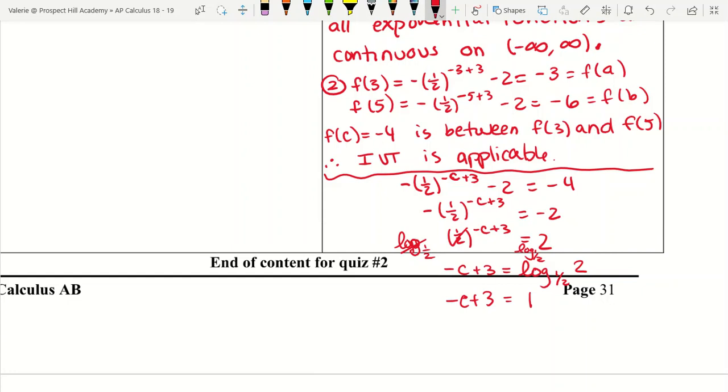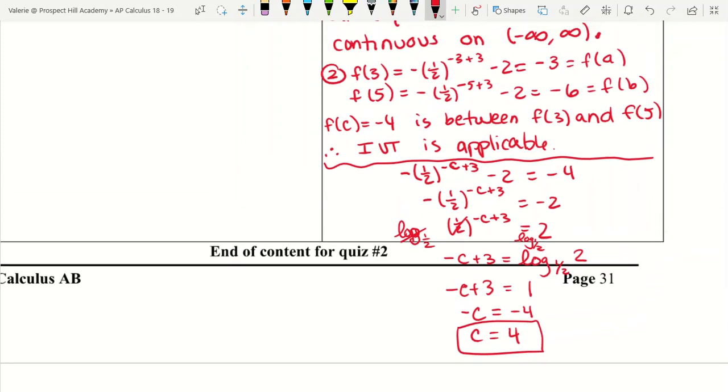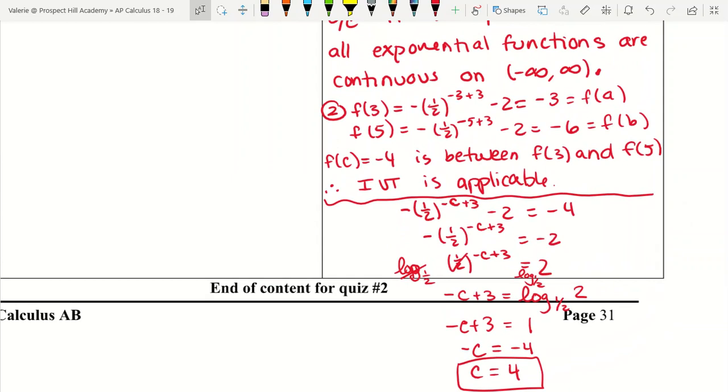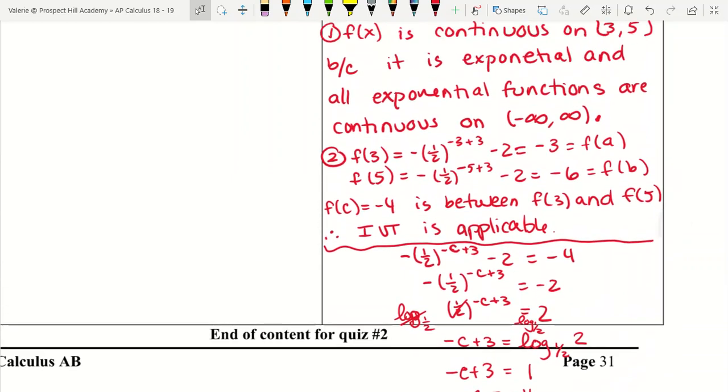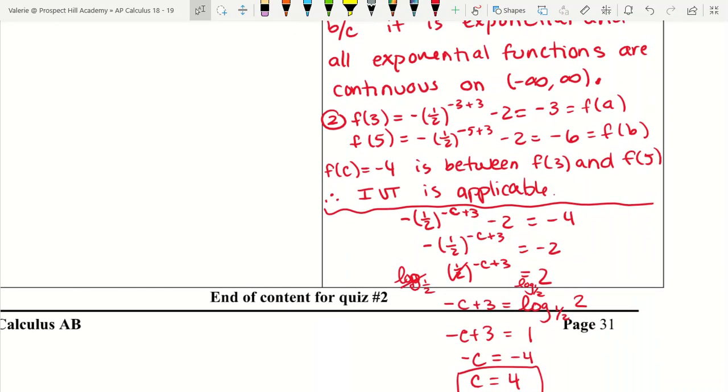So negative c is equal to negative 4. So c is equal to 4. So the c value equals 4, which is, if we go back to the top, between our interval 3 and 5, which is great.